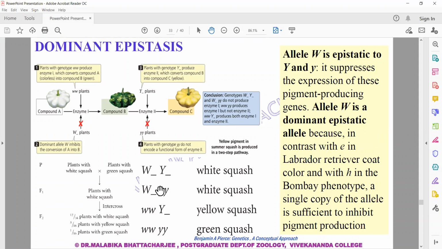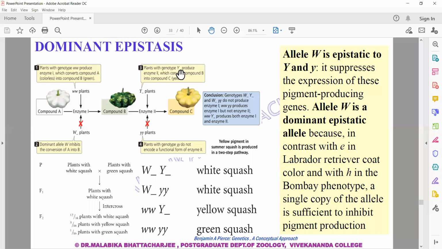Now let us see that if the plants have a small ww genotype, the ww allele produces the enzyme 1, which converts the colorless compound A to the colored compound B, which is green. So plants with ww can produce green squash. But we have another allele also, that is a Y allele.